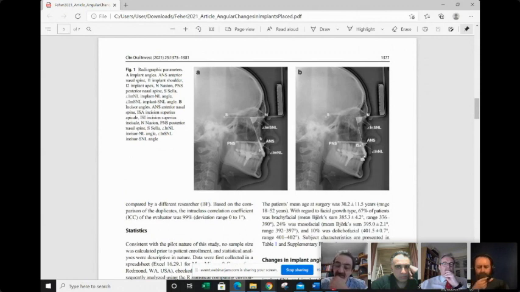What these findings suggest is that you can't put the angulation changes of the implant down just to the alveolar bone growth. You have to take into consideration that the maxillary bone growth has also affected that angulation change. So that's one of the things.